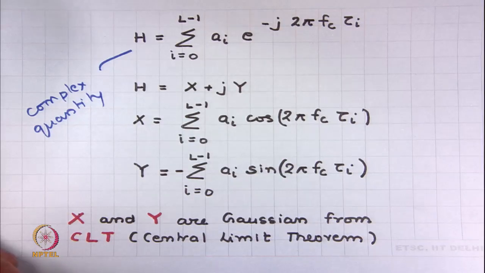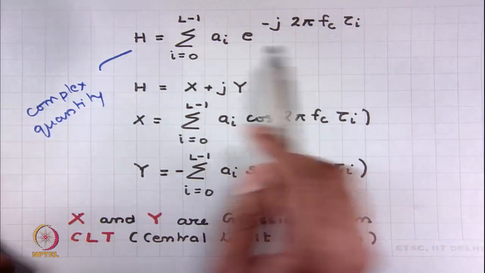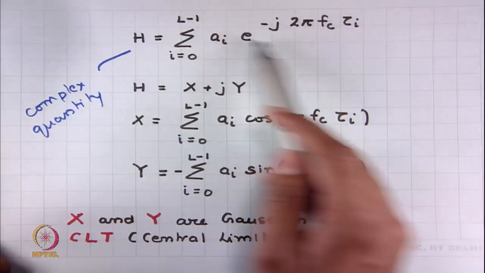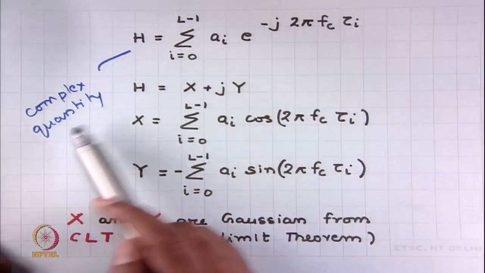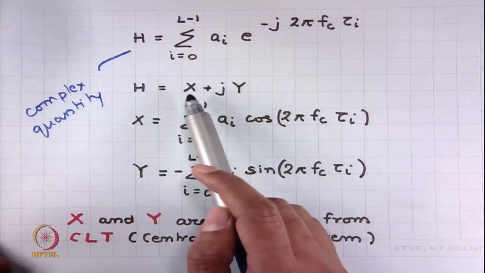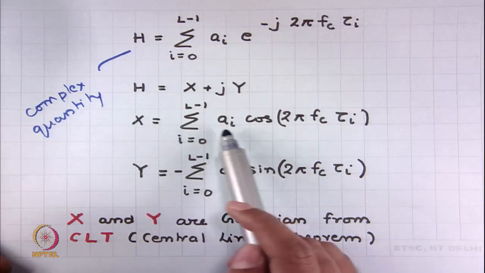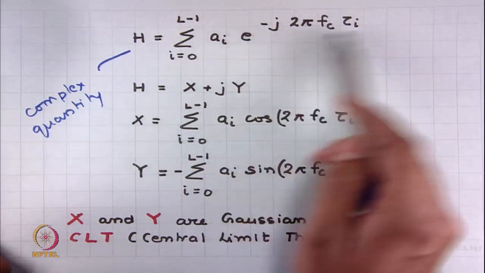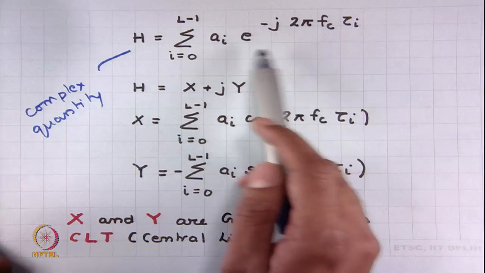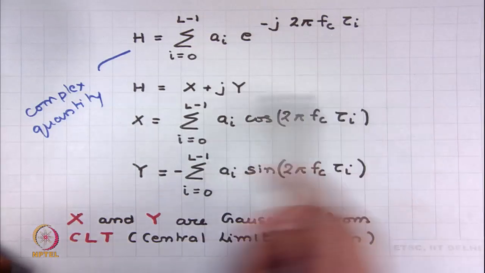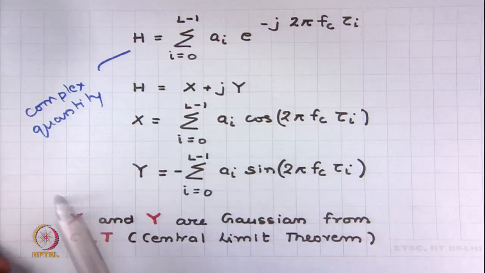Baseband signals can be complex signals, right. So, h in general is a complex quantity because of this term sitting over here. So, I can write this h as simply x plus j y, okay, where x is simply this thing. So, I have broken down this complex exponential using cos and sine. So, I get x as simply this thing and y as simply this thing.